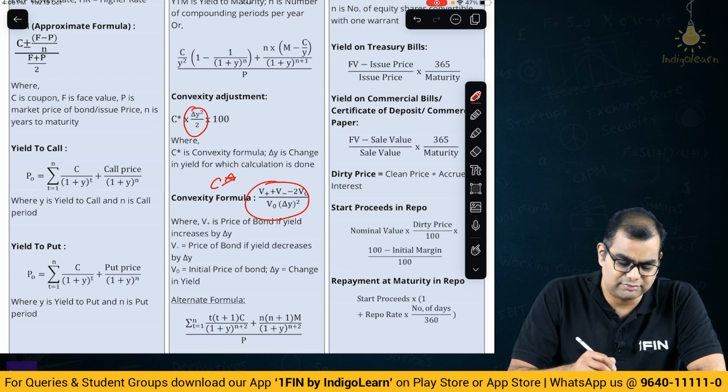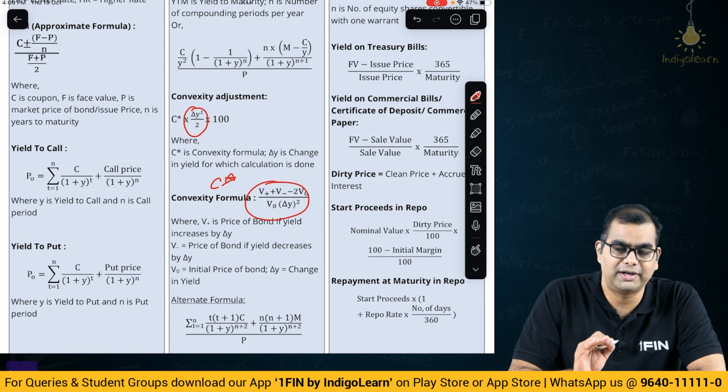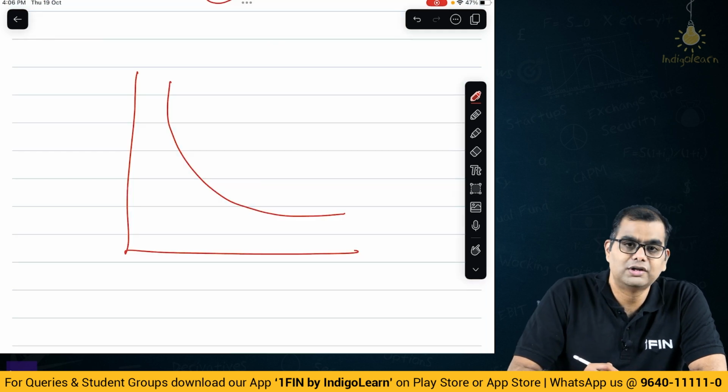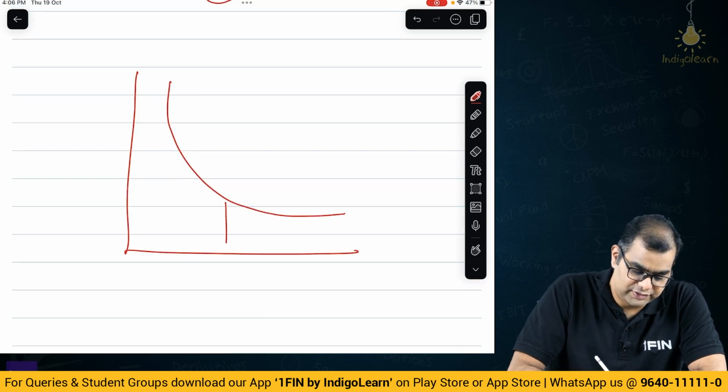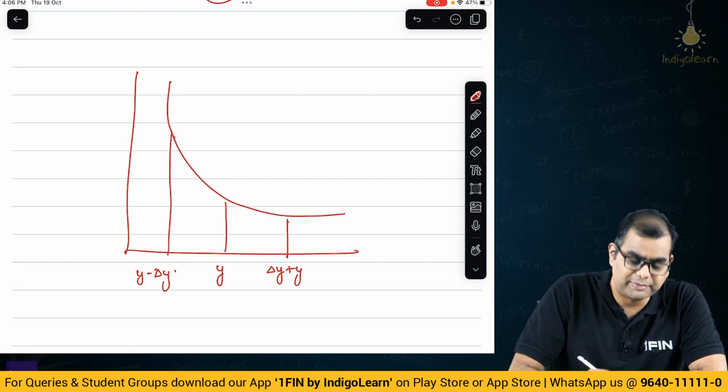Now, this is very complicated to understand from a formulaic perspective. Let me explain. Initially when I discussed Y, delta Y plus, Y minus delta Y, there are these three prices.